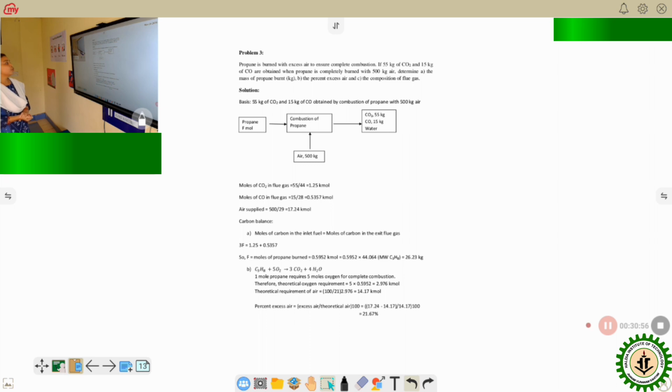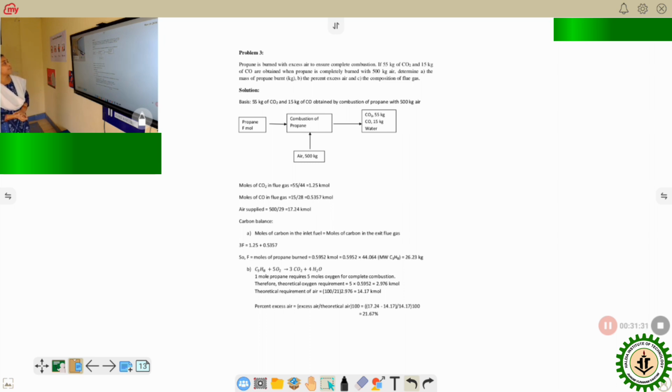Moles of carbon dioxide in the flue gas will be 55 divided by 44, the molecular weight of carbon dioxide, and moles of carbon monoxide will be 15 divided by the molecular weight of carbon monoxide, 28. The air supplied is given as 500 kg; this is also converted to kilomoles. So 500 divided by the average molecular weight of air, 29, comes to 17.24 kilomoles.